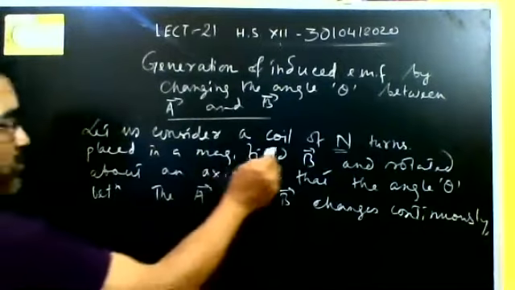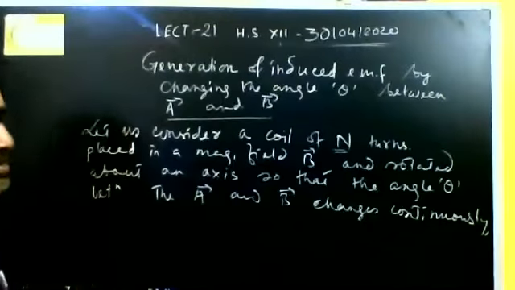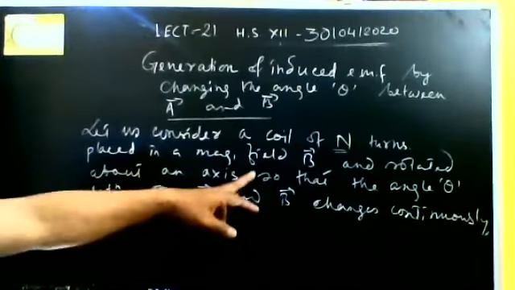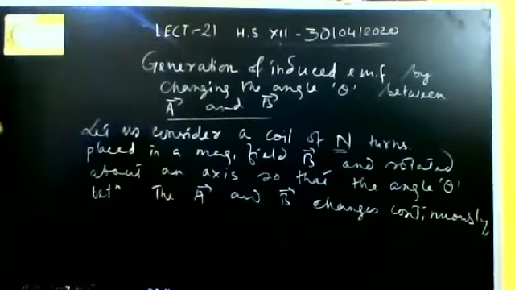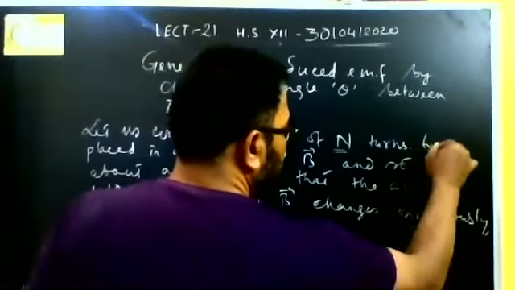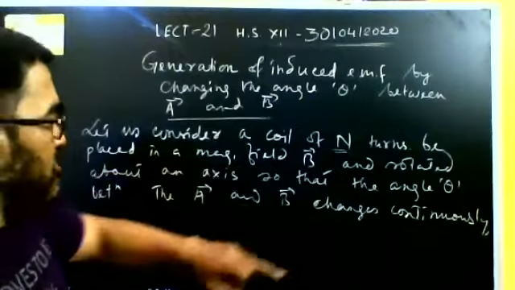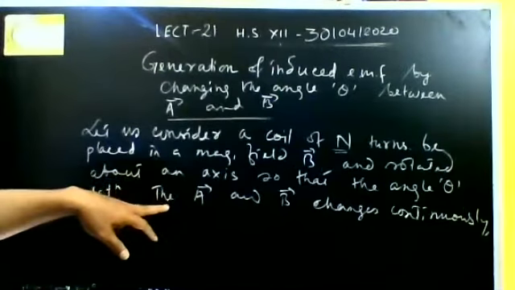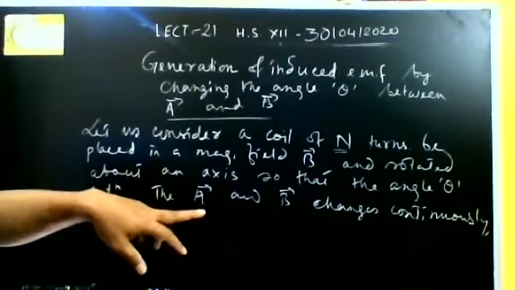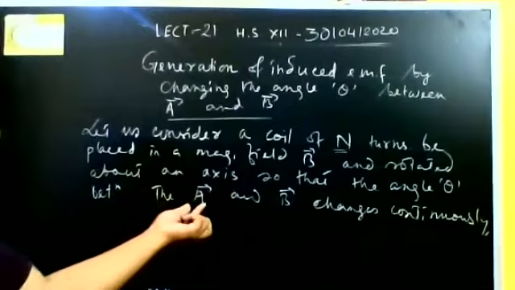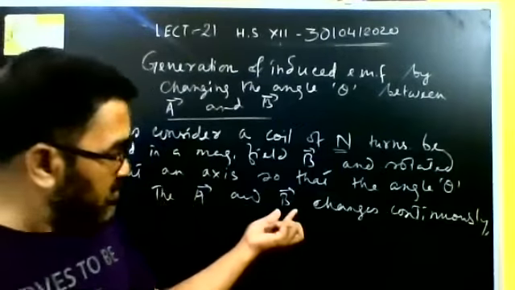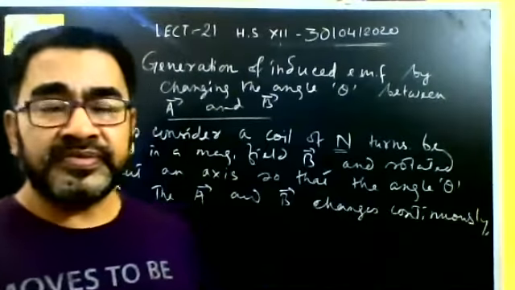Let us consider a coil of n turns. How many turns? N turns. Placed in a magnetic field B and rotated about an axis so that the angle theta between the area and the magnetic field changes continuously.